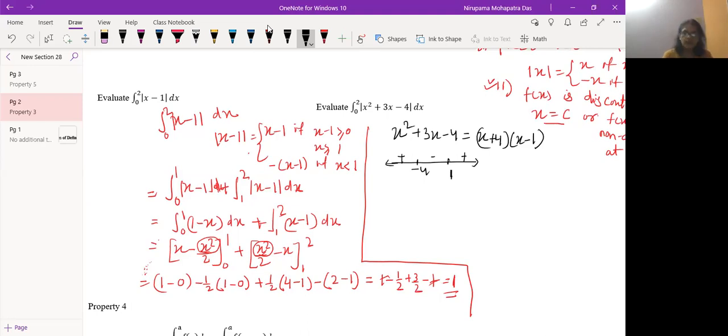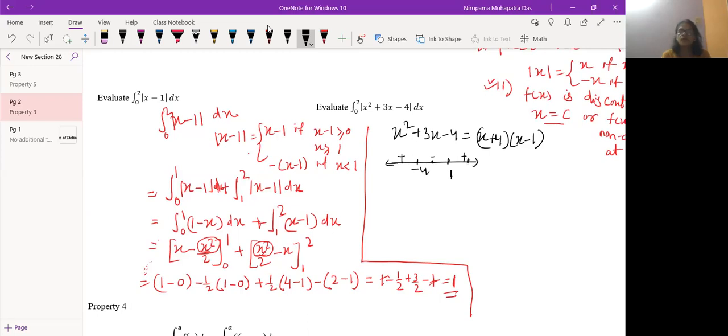So what we can do here is split this interval into subintervals. We have 0 to 2, so 0 is somewhere here, then 1, then 2. So we can take 0 to 1 and 1 to 2.